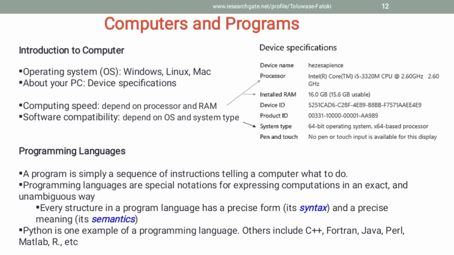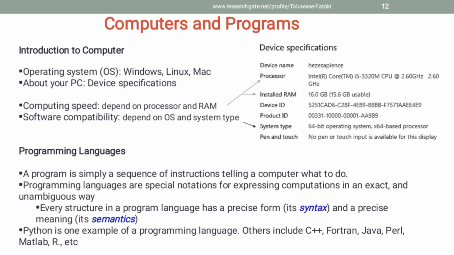Software that is 64 bit cannot work on a computer that is 32 bits, but software produced for 32 bits can work even on 64 bits. So you have to understand all these device specifications in order to have a good computer that you can use to analyze your biological data.